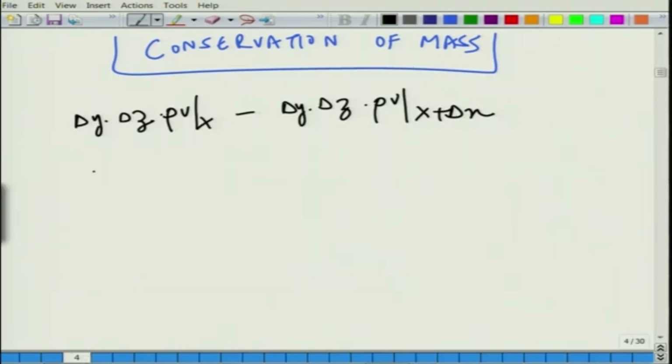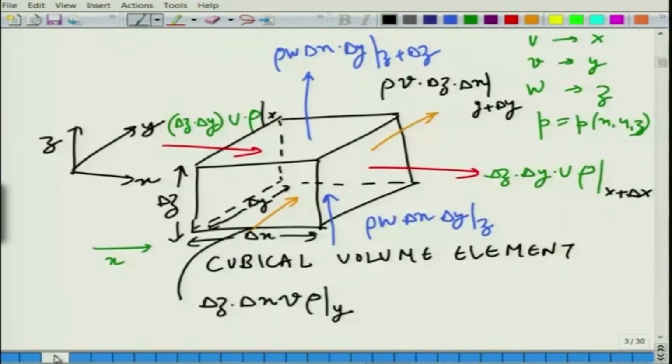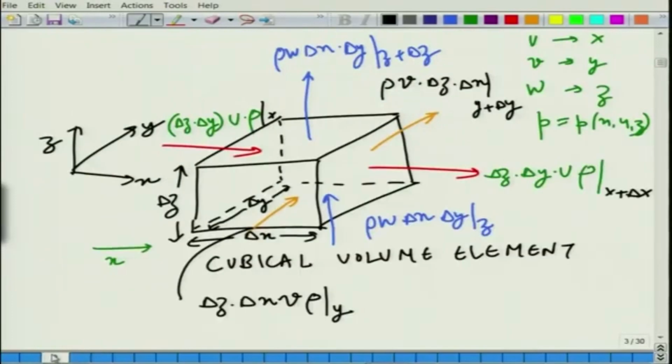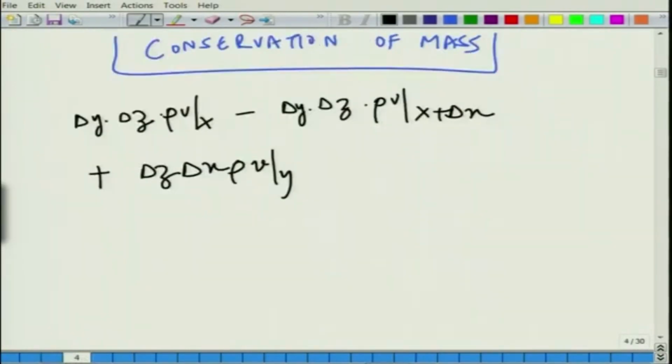Now, if you have a similar thing, the mass that goes into the face here and leaves here, so what is that? Delta z into delta x into rho v at y, isn't it, and minus delta z into delta x into rho v at y plus delta y. Okay. So, that is the difference.